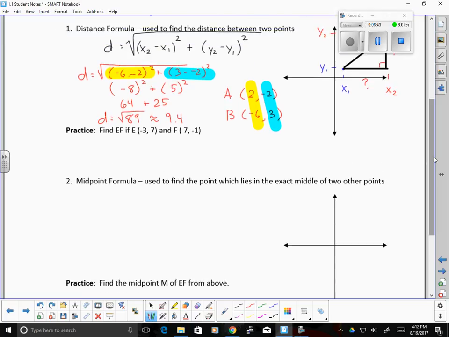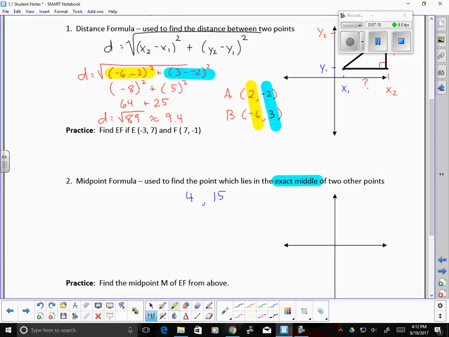Let's look at, what if I want to use analytic geometry not just to find the distance between 2 points, but also the point in exactly the middle. Okay, we know how to find the exact middle if we're doing just a single set of numbers. So for example, if I have the number 4 and I have the number 15, and I want to know the number right in the middle, that's kind of like the average.